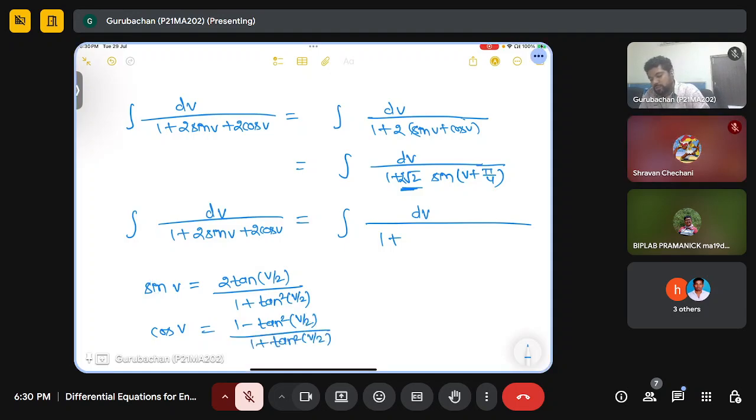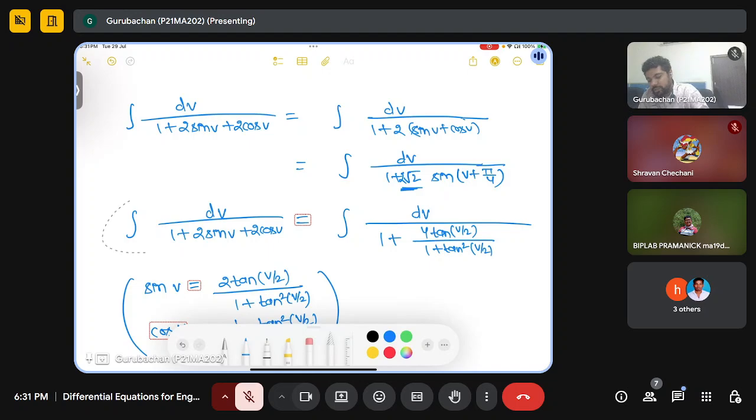So by this one, you will get here 4 tan v by 2 divided by 1 plus tan square v by 2. Correct? So let me create a little space here.